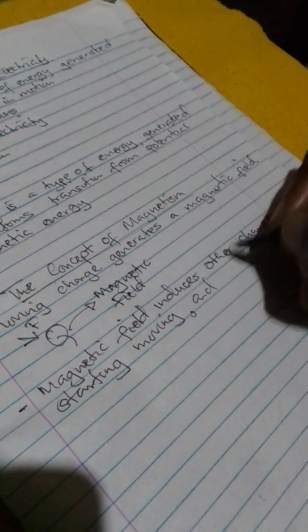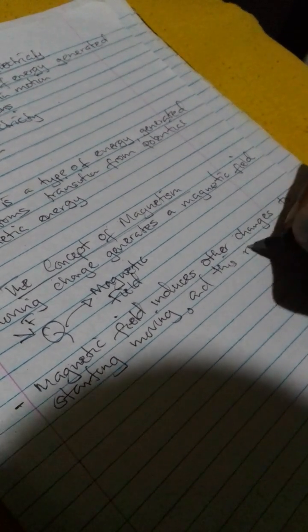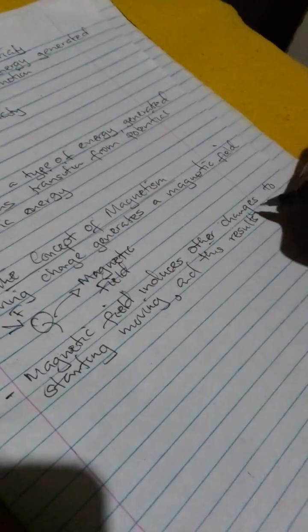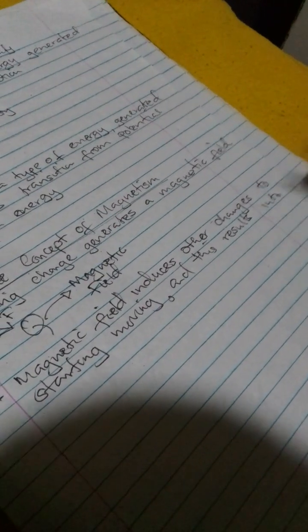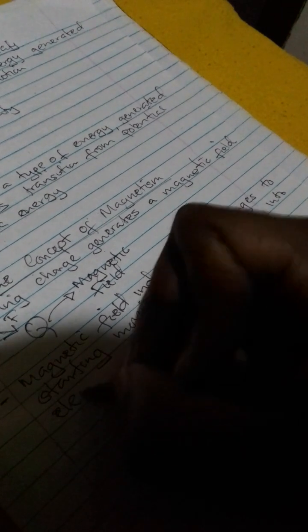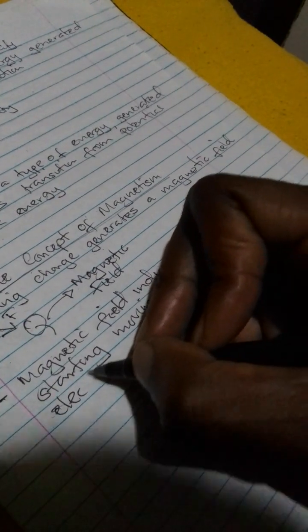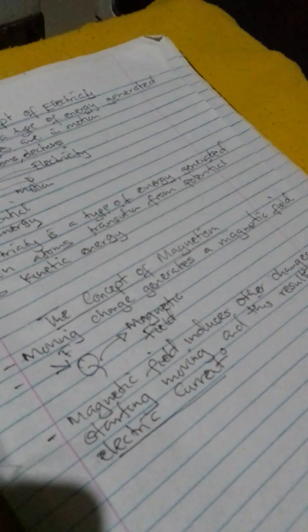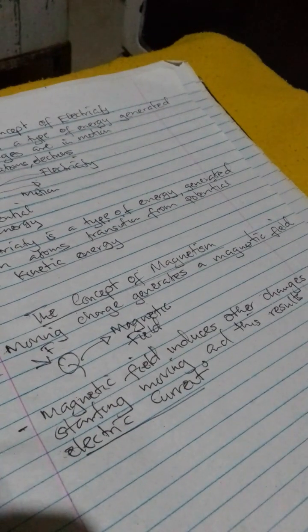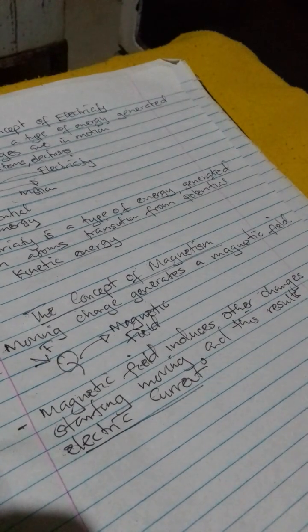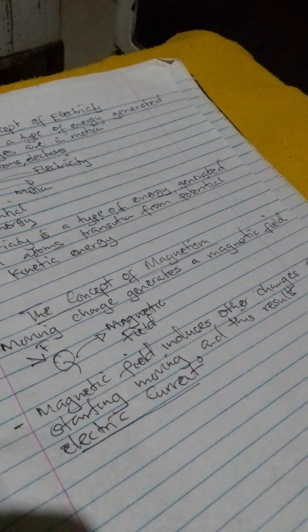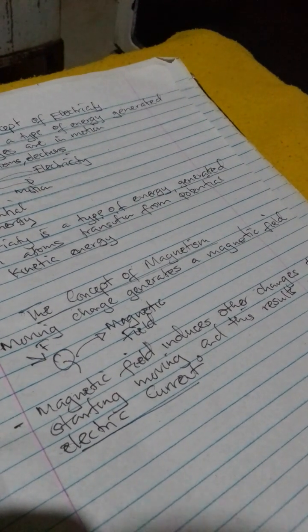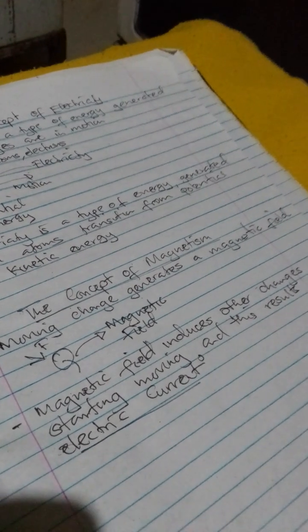And this results in electric current. So, under the concept of magnetism, moving charge is going to generate a magnetic field. When that magnetic field is generated, it is going to induce other charges to start moving. As a result, you're going to have an electric current.